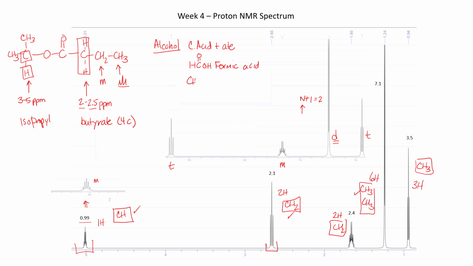A 2-carbon acid is called acetic acid. So acetic acid would become acetate. A 3-carbon acid would be propionic acid.